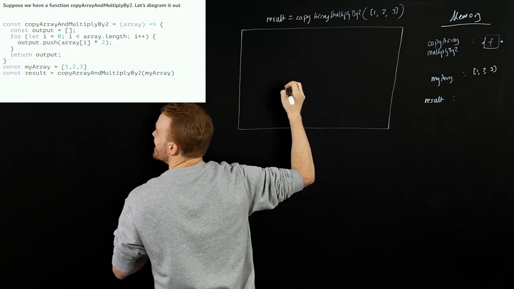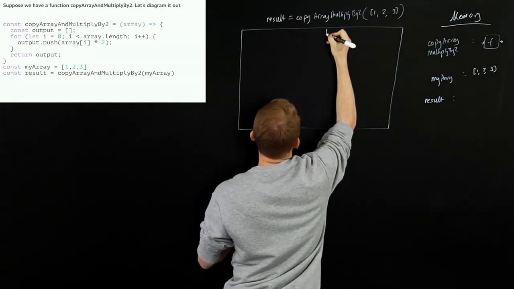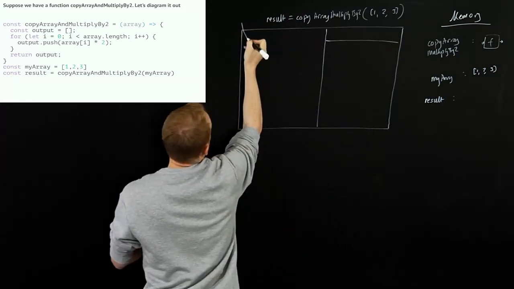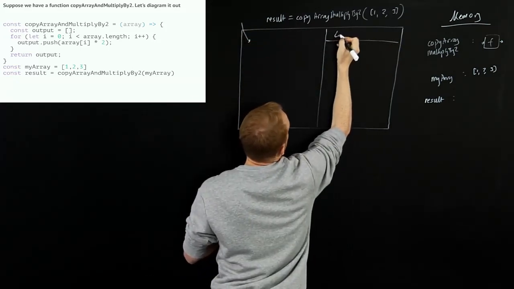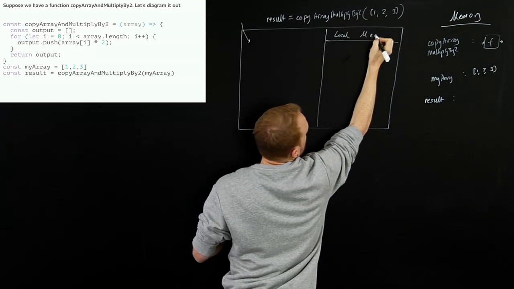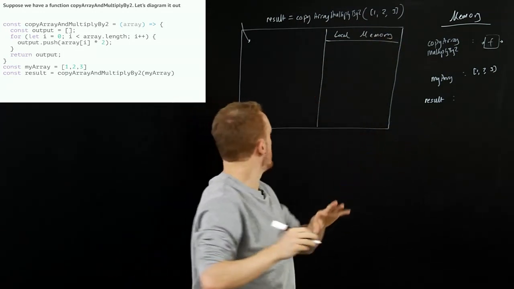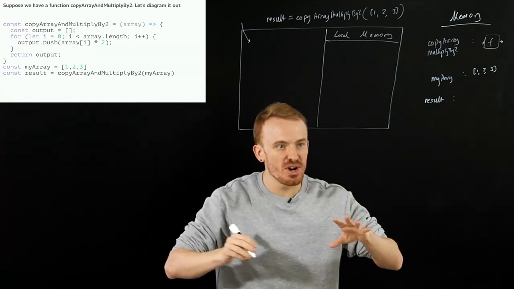Very nice. Our thread of execution goes in, and in our local memory, I'm going to try and keep this tidier for posterity, people. In our local memory, we have what, David?